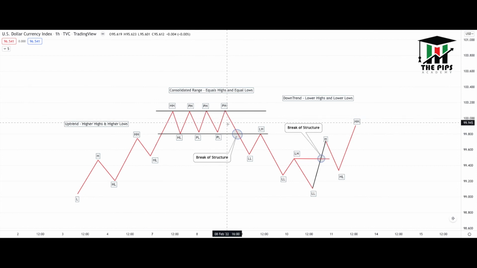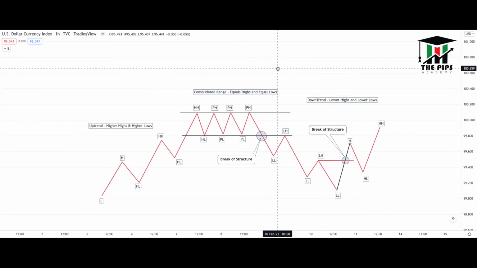However, since we've broken our previous low, now we've moved to a downtrend structure. Whenever the last lower high from that previous leg is broken, that's when you get a break of structure and you start to move back to an uptrend.